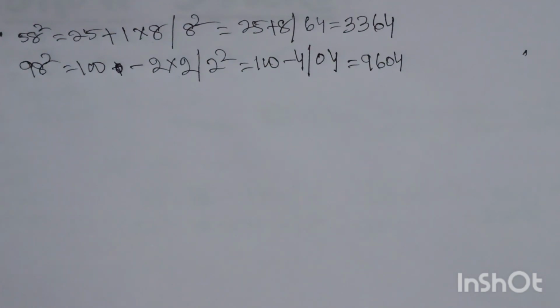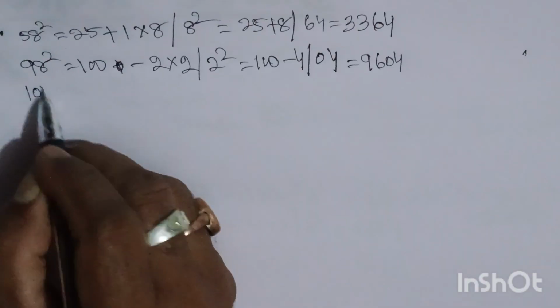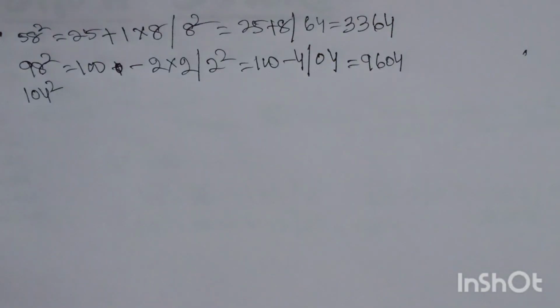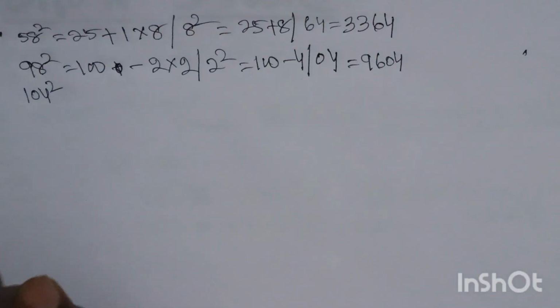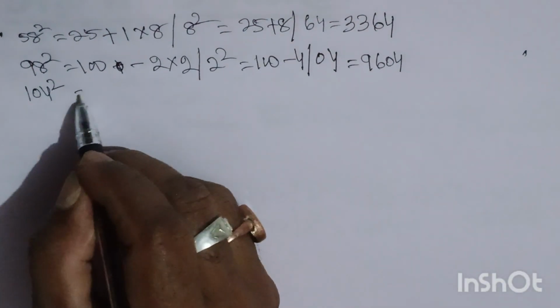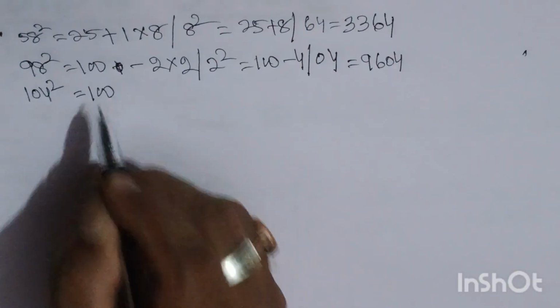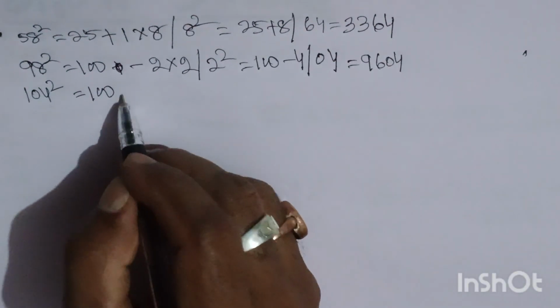When you practice those things, you can work out these things very easily. Similarly, we can find out the square of 104. 104 is closer to 100, or the second level. So here the value of the second level is equal to 100. As 104 is greater than 100, so plus sign is used.